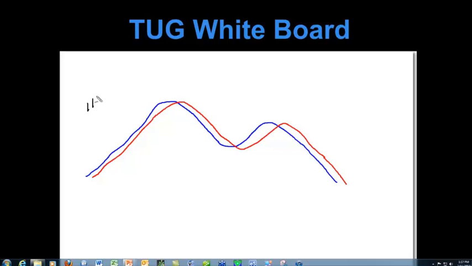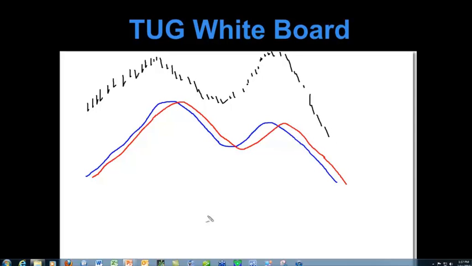So the underlying security is moving up like this, right? You've got the MACD moving up, and then turning back down like this. And then you have the price of the security moving back up again, and then coming back down again. All right.